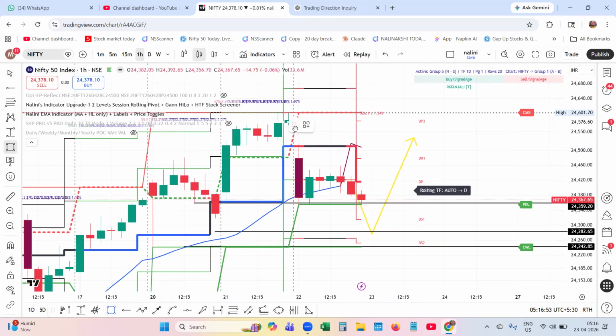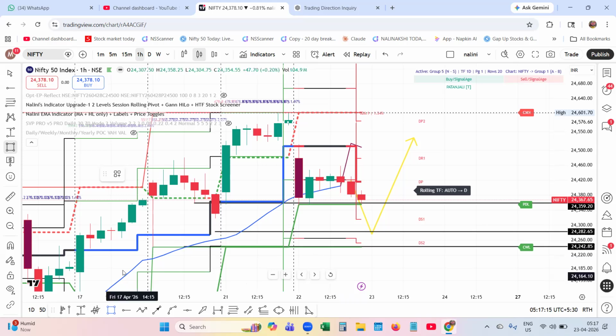So I anticipate a positive direction of trading, and if the market doesn't breach the current week low, that is 24,241, that is Monday's low, it should not be breached.